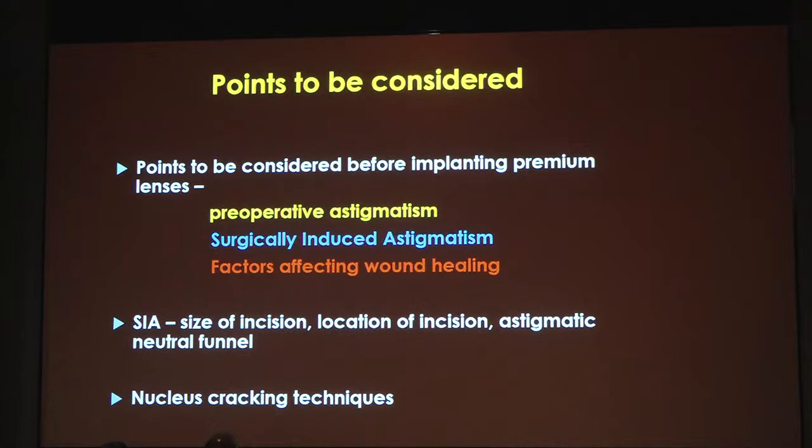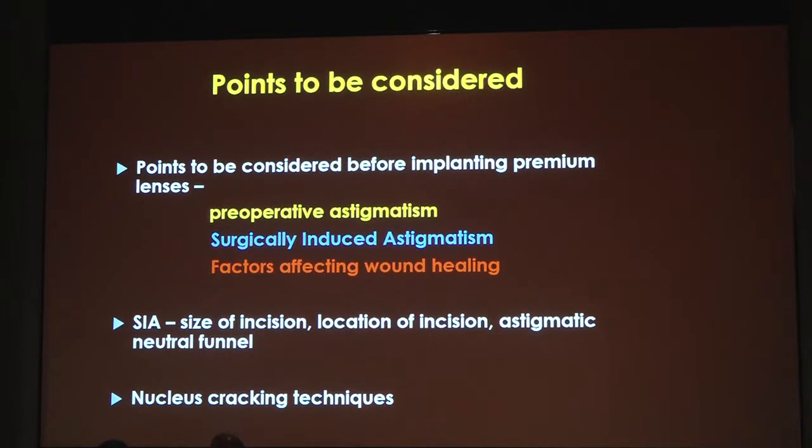But unfortunately, in SICS surgery, there are multiple factors which decide surgically induced astigmatism. In phaco, there are very few factors. But in SICS, there are the wound construction, the tunnel construction, the depth of the tunnel. There are so many things, so every time the surgically induced astigmatism may not be the same. It also depends on the location of the incision and whether you are using an astigmatic neutral funnel.